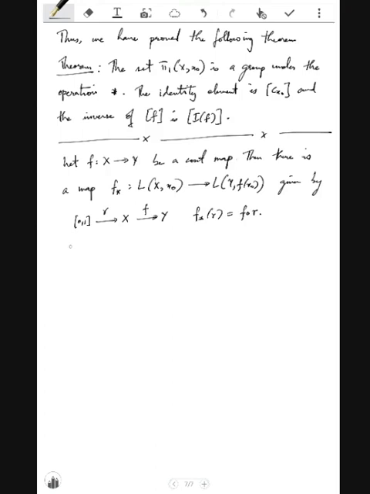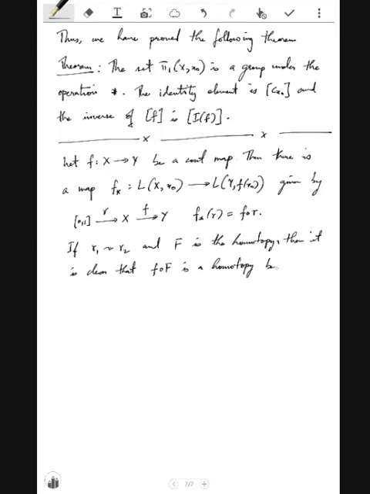So if gamma 1 is homotopic to gamma 2 and F is the homotopy between them, then it is clear that f composed with the homotopy is a homotopy between f compose gamma 1 and f compose gamma 2.